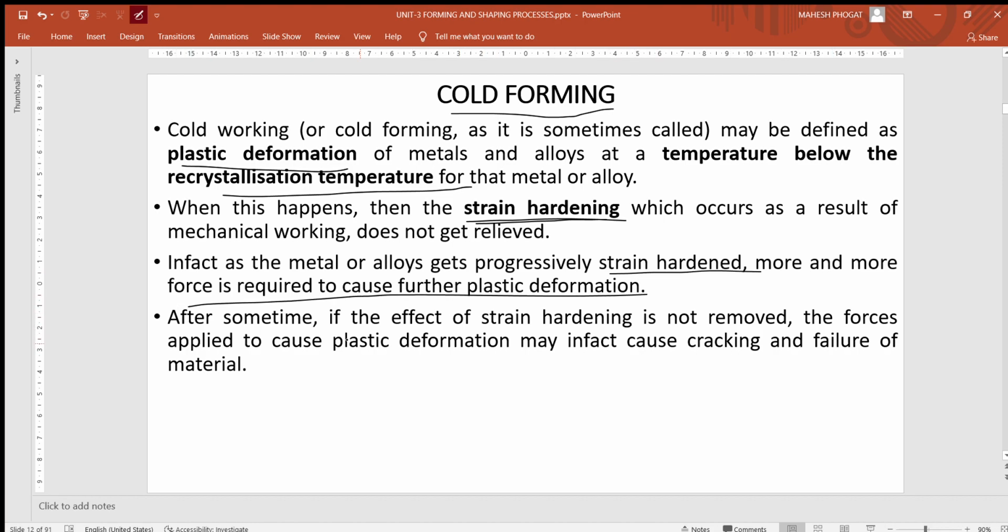After some point, if the strain hardening is not removed, then cracks may start, and your material, your specimen, can fail. So in a way, strain hardening is good, but beyond a certain limit, it can create various problems also.